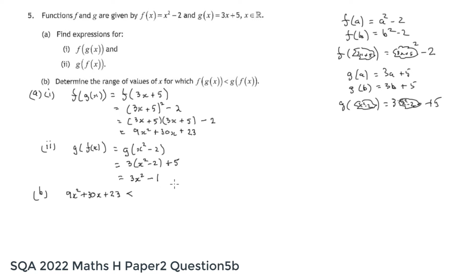It's to be less than g of f of x, which is 3x squared minus 1. So we're into quadratic inequation territory. Let's subtract 3x squared from both sides and also add 1 to both sides. Let's divide both sides by 6. So everything gets divided by 6 here.